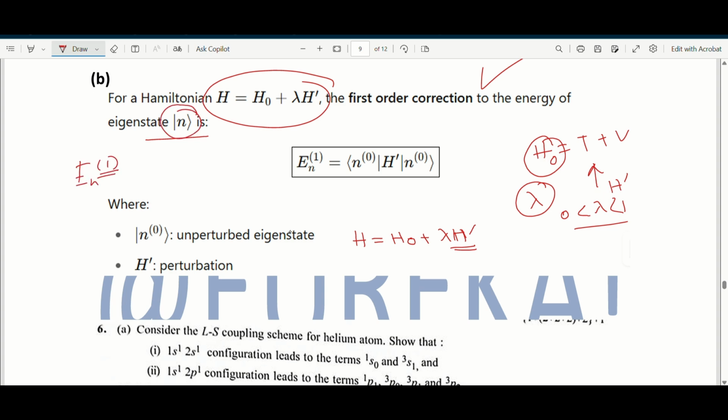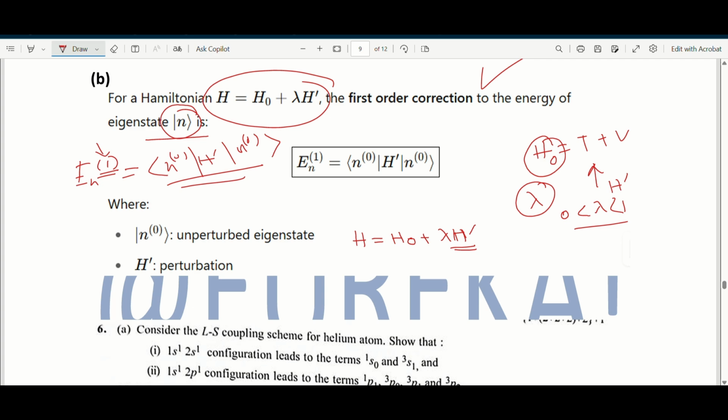This superscript indicates the order of correction, this is the first order. It will be the bra n, H prime, ket n. So this is the correction in the energy state.